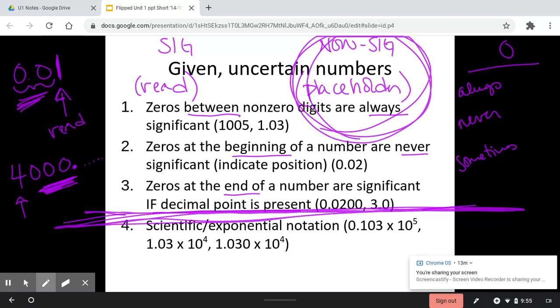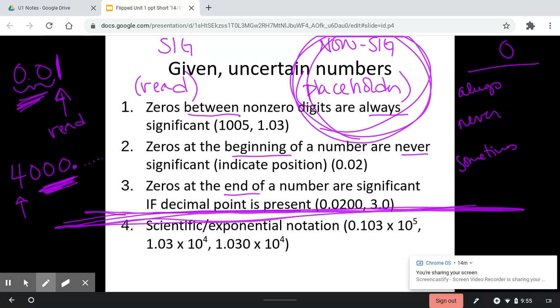So for example, if I have the number 0.01, that 1 is a non-zero integer, and non-zero integers are always going to be significant. So that 1 was read off of our beaker, but these zeros in front, they weren't actually marked on our device. But we still need them. They have to be present. Otherwise, this 1 doesn't have the same meaning, right?